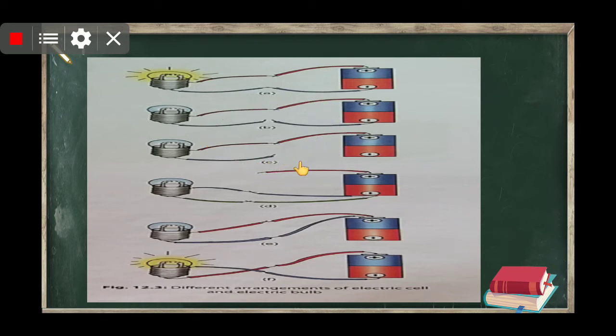If a circuit is broken, if a circuit is open from somewhere, the current will not flow, and hence the bulb will not glow. You can see in figure C the circuit is not closed, and here also, and in figure E both the terminals are attached to the same positive terminal. So here also the bulb is not glowing.